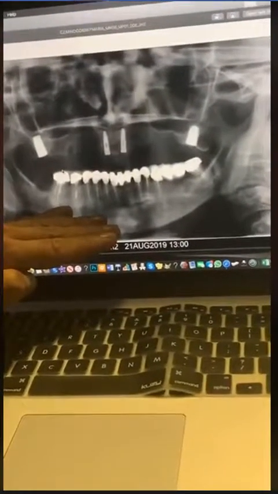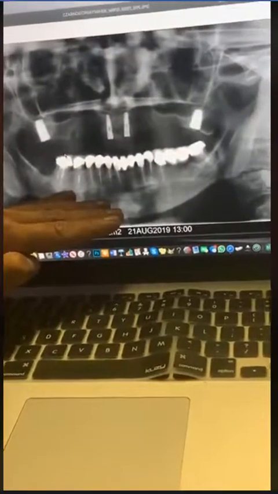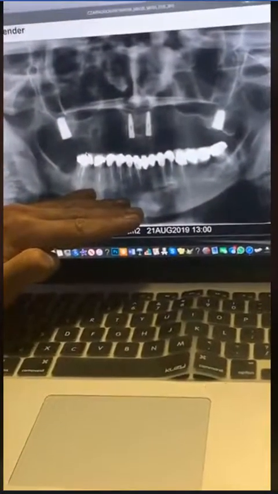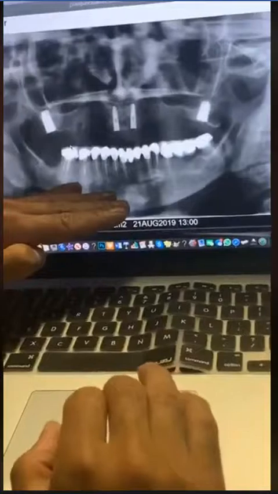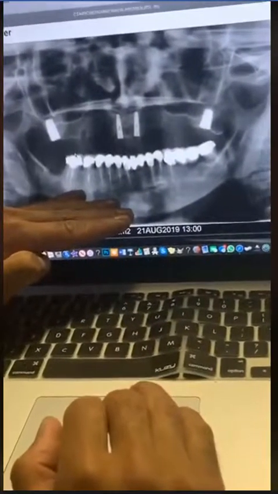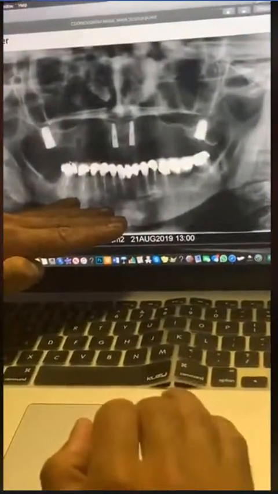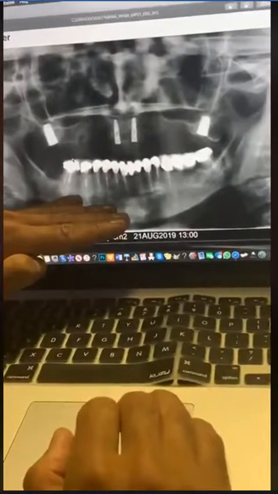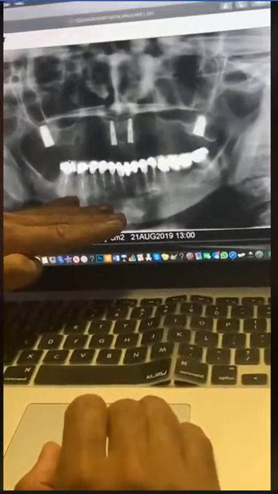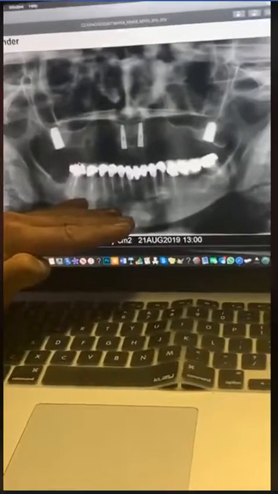Once you have it nice and parallel like this, you won't have that problem of wearing out those washers, because the strain on those washers will be limited to just the general function of the patient with their denture. Again, it depends on the patient, their age, and what they like to eat, of course. But if we can eliminate some of that with our work, that would be wonderful.